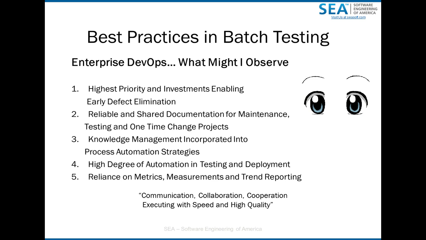And certainly these are the major points. There's quite a few sub-points, of course, but in essence, the major points include that the organization has the highest priority and investments in enabling early defect elimination, right?